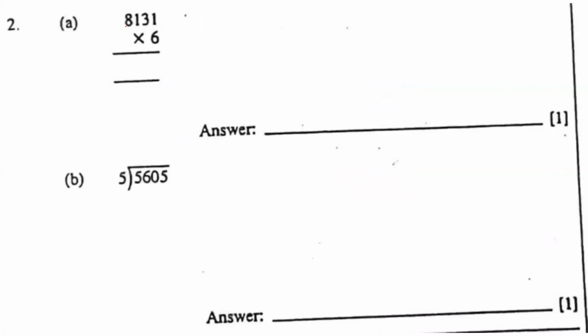Here we have a multiplication question. We have 8,131, and we want to multiply that by 6. For this question, it would do well for you to know your 6 times table in order to get it right.